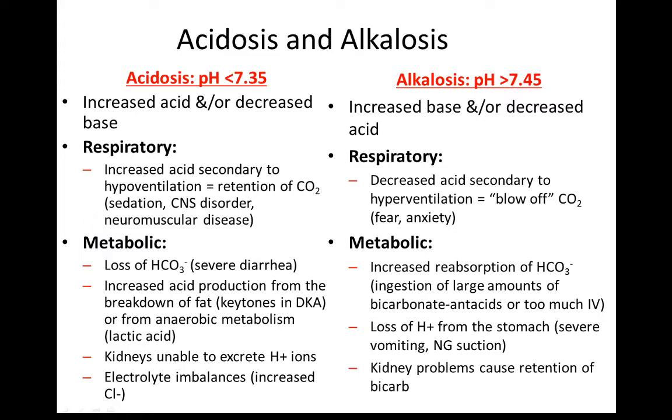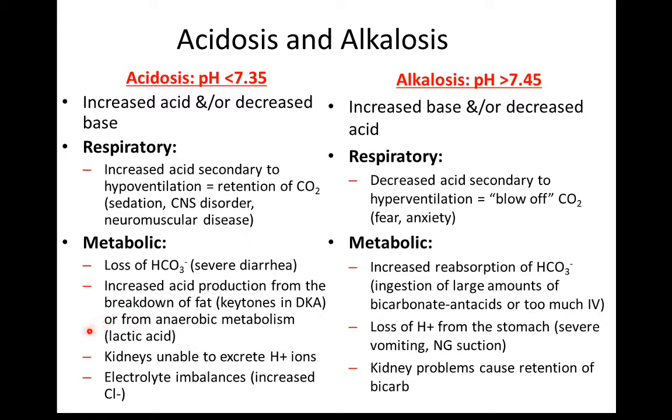Metabolic acidoses can result from loss of bicarb or bicarbonate through severe diarrhea, or more acid production from breakdown of fat. This happens when people are on high ketone diets. It happens when people are in diabetic ketoacidosis, which we'll talk about more in our metabolic chapter.